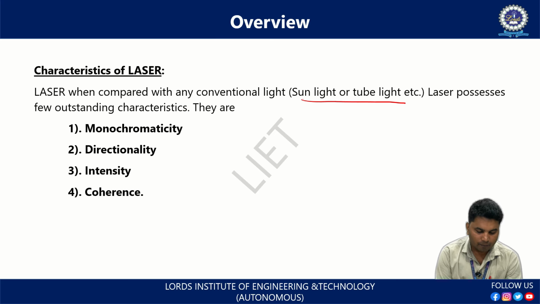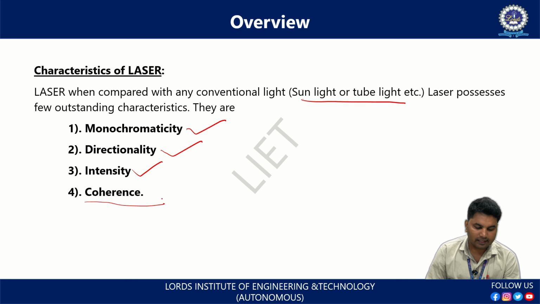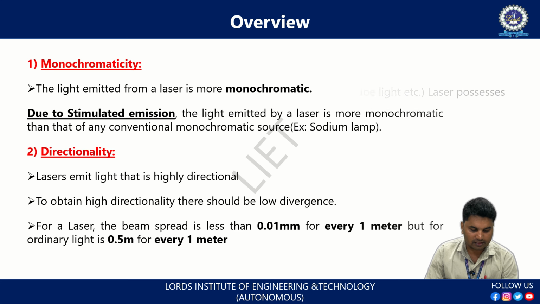They are monochromatic in nature, basically termed as monochromaticity, and they are highly directional, so directionality is mentioned, and they will be highly intense, also maintaining coherence. So these are a few characteristics of laser. Let's discuss them in detail.